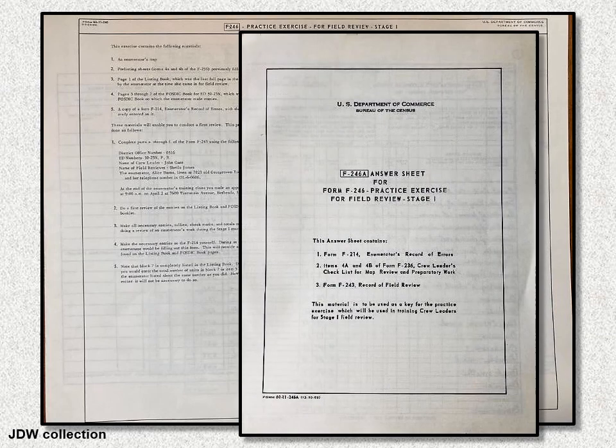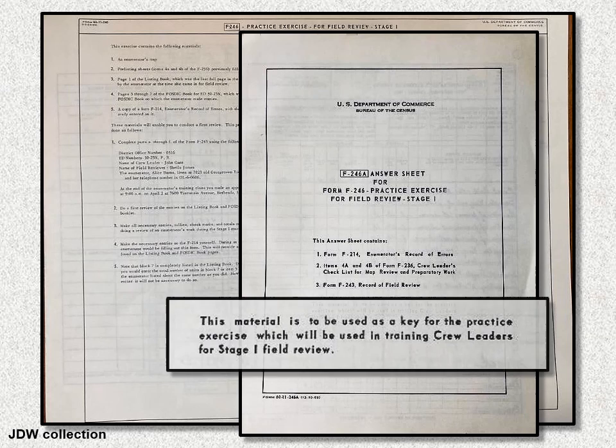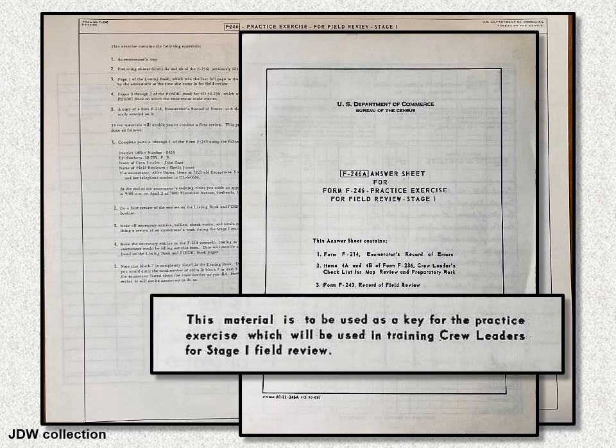And there's even an answer sheet for that practice. This material is to be used as a key for the practice exercise, which will be used in training crew leaders for stage 1 field review. So because this is in the kit that I got, and other things, I think I'm dealing with a kit from a high-level administrator of the 1960 census.